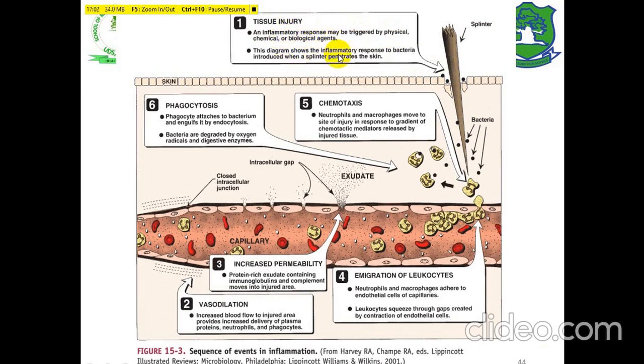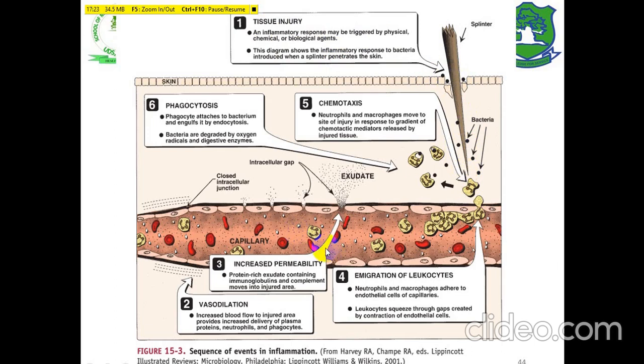This break in the skin caused by the splinter will favor the transport of microorganisms into the broken area of the skin, and this is bacteria.